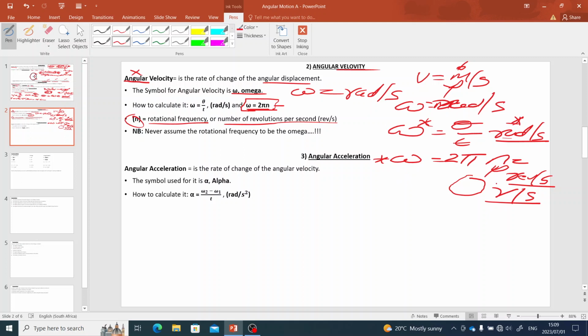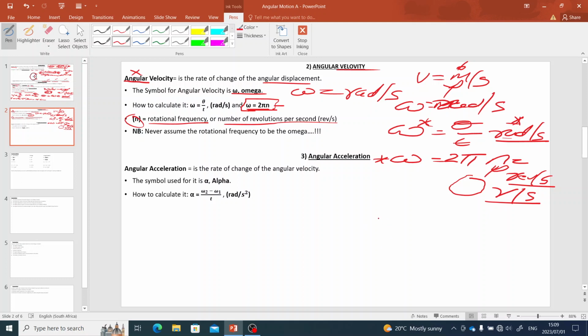Now, it is not scientific to use one symbol to denote two different things. It is not, but that's what we are given in our books, and it is accepted in the society of engineering. Now, please don't make the mistake.